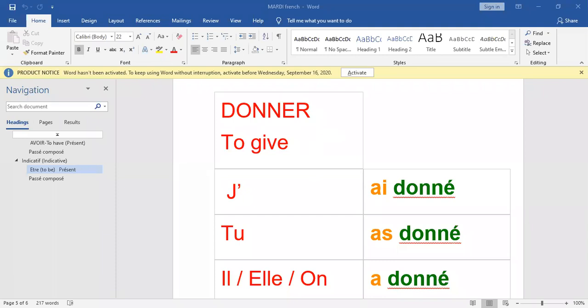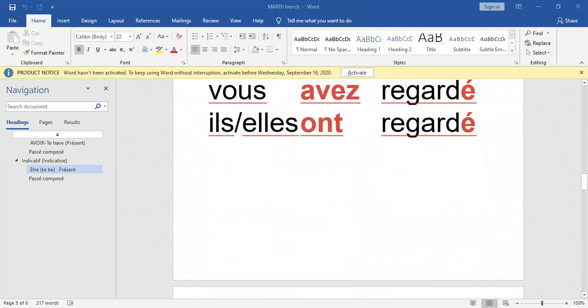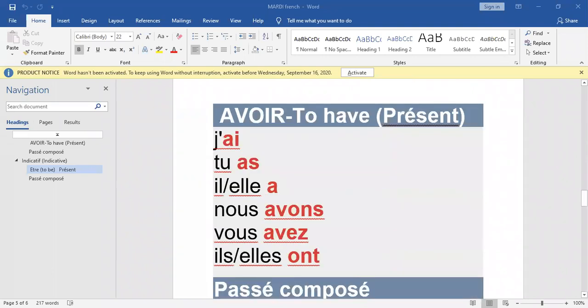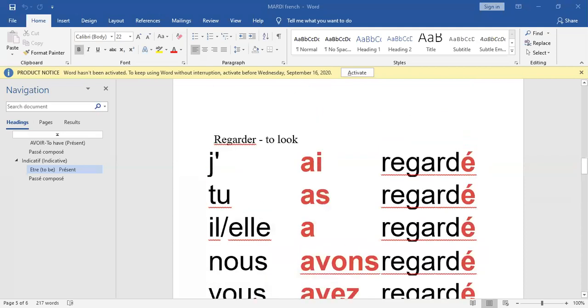Then conjugate avoir into what? Into the present tense. Conjugate avoir into the present tense and do what? Add the end forms of the verb. Example is what you can see here. J'ai regardé.